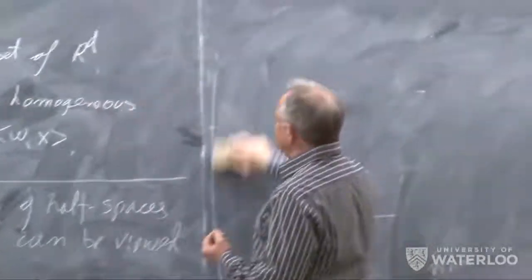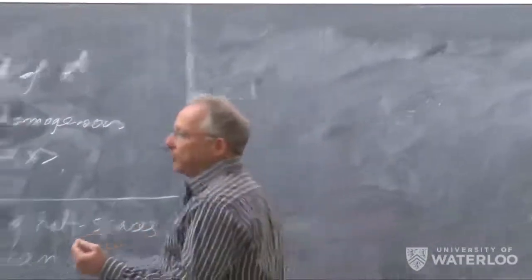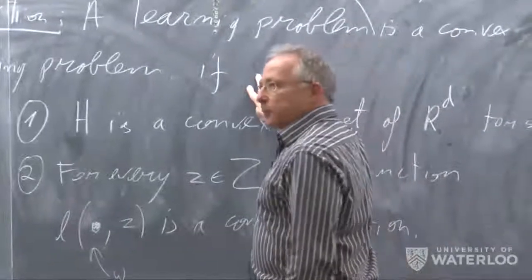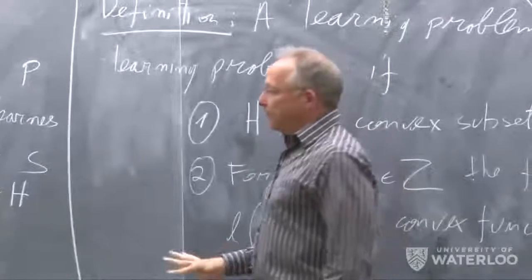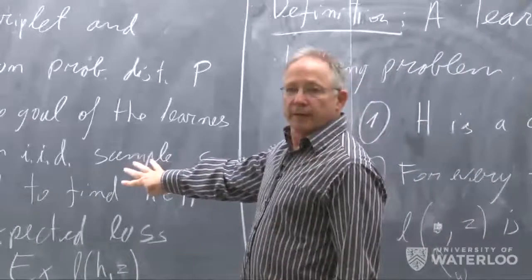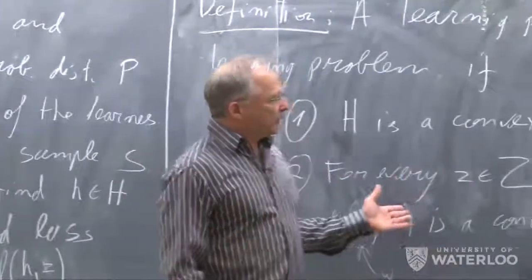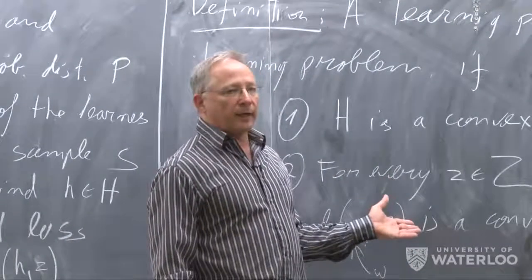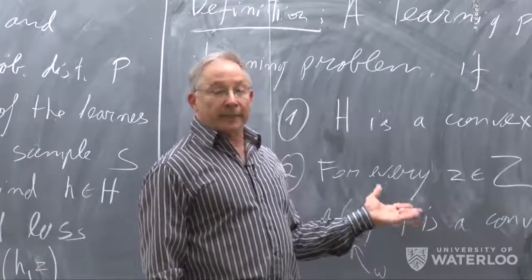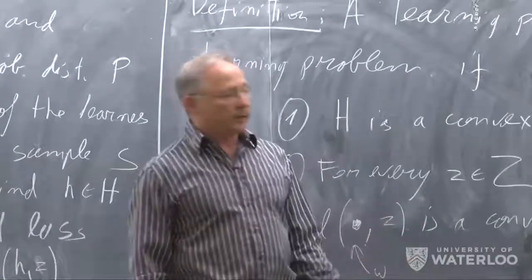Okay, so the next thing is, we defined what a convex learning problem is, and we see that it gets very close to the notion of a convex optimization problem. Now, which of the learning problems we've discussed so far are convex learning problems?